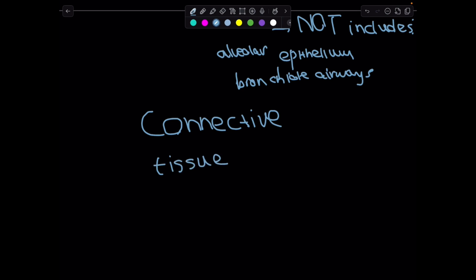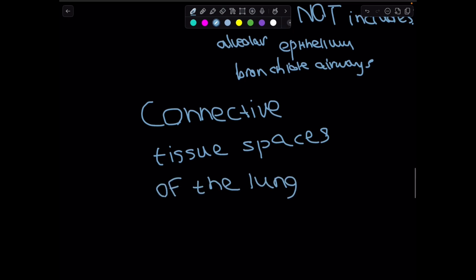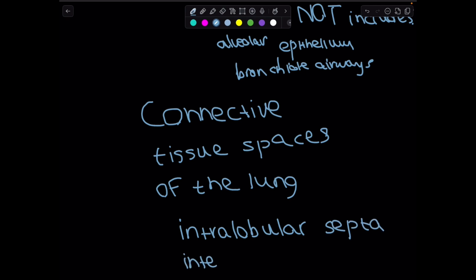The connective tissue spaces of the lung, part of the interstitium, include the intralobular septa and interlobular septa, which are key in interstitial lung disease, ILD, and distinct from ischemic heart disease's vascular pathology. Intralobular septa: these are thin connective tissue sheets within lung lobules surrounding alveoli and containing capillaries and lymphatics supporting gas exchange.